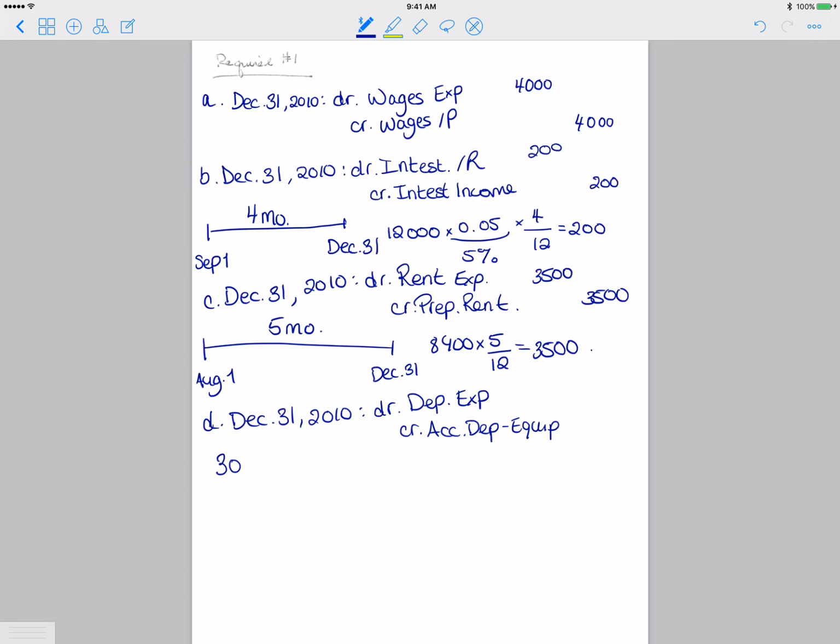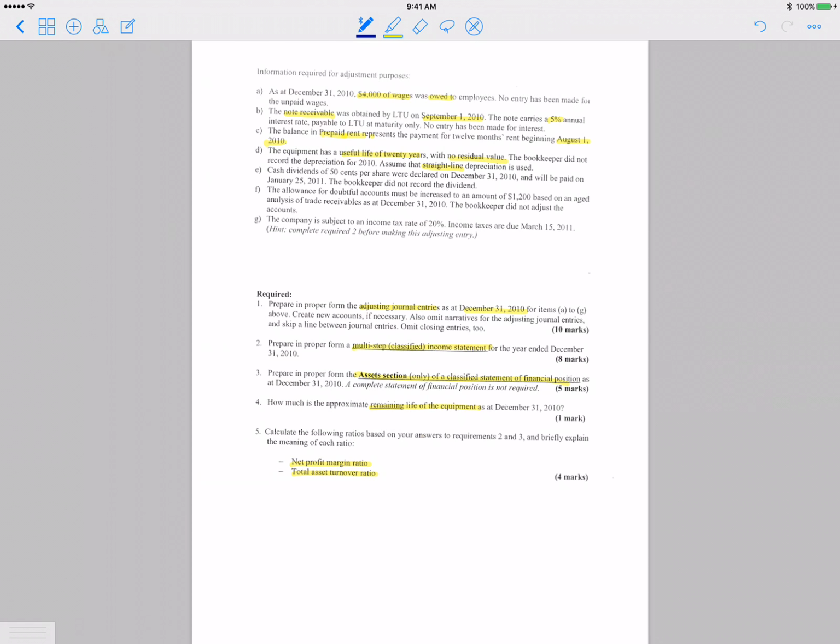So we're dealing with 30,000 minus 0 divided by 20 years. This gives us an amount of $1,500. That's our yearly depreciation. Now, this question we're going to come back to because they do ask us to calculate, so let's keep this one in mind. And let's move on to question E.